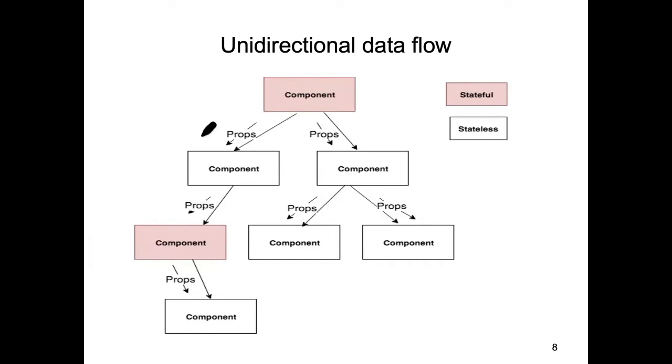This was a conscious decision made by the React team. It's called unidirectional data flow. The opposite is what's called bidirectional data flow, or bidirectional data binding, which all of the other single page app frameworks that existed at the time followed. React went against that. The main reason being that they felt it's easier to debug your code if you've got a unidirectional data flow.